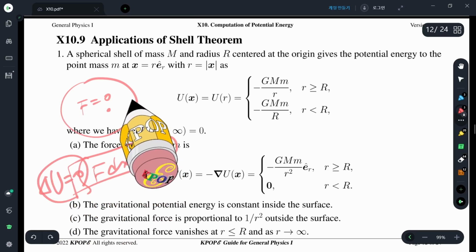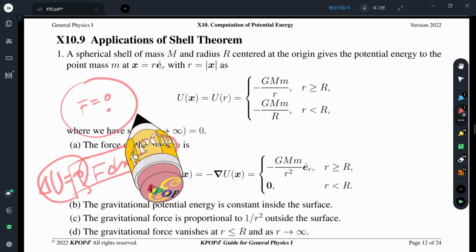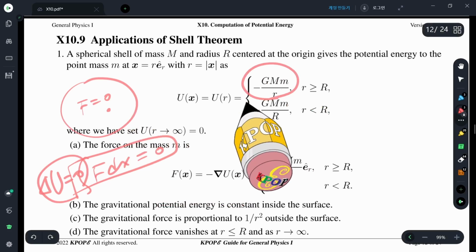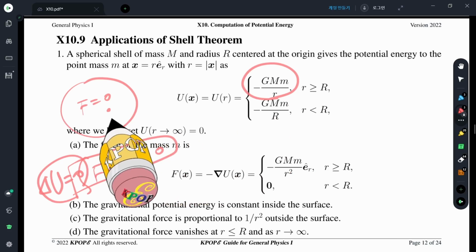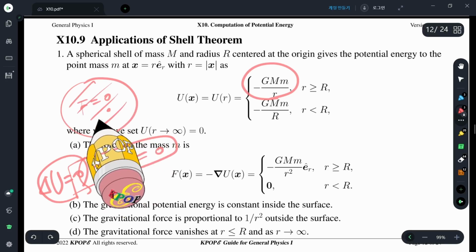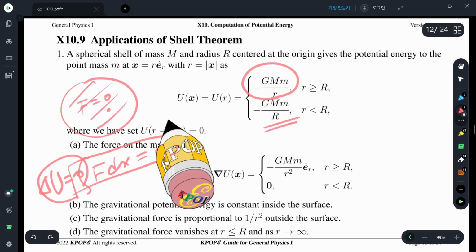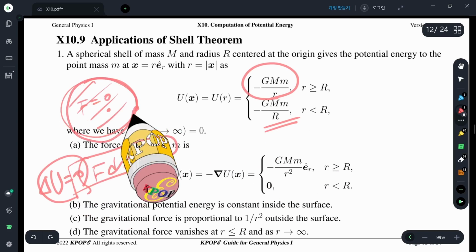Therefore, outside of the shell, the potential energy is identical to the point particle case. However, inside the shell, the potential energy is frozen at the value on the shell.